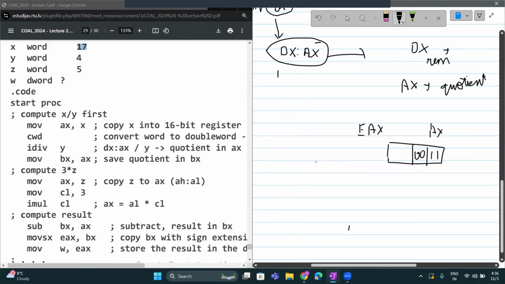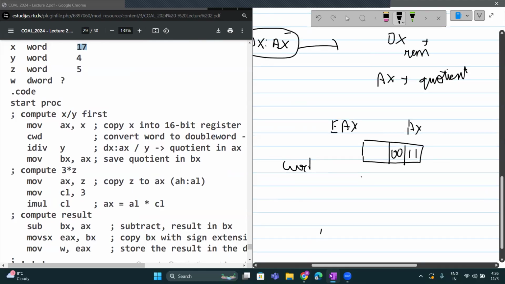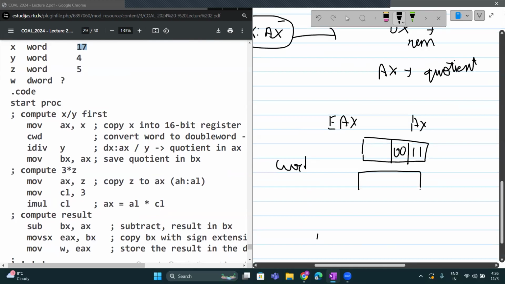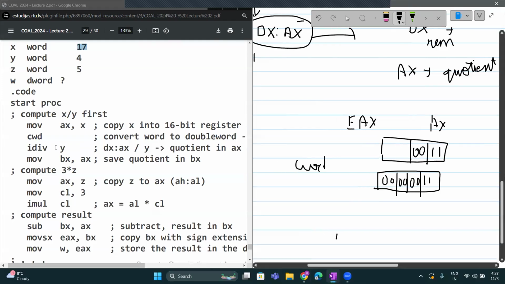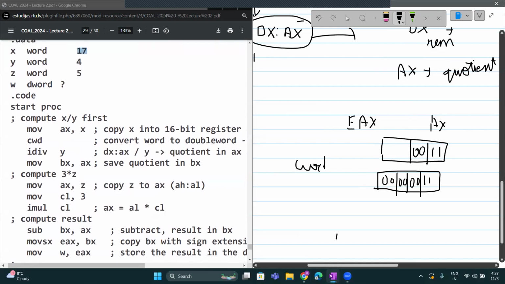And what is CWD doing? It's converting word to double word. It means the whole of EAX will now get this value: 0, 0, 0, 0, 0, 0, and 11. Now we are dividing, IDIV y. Y is a word.